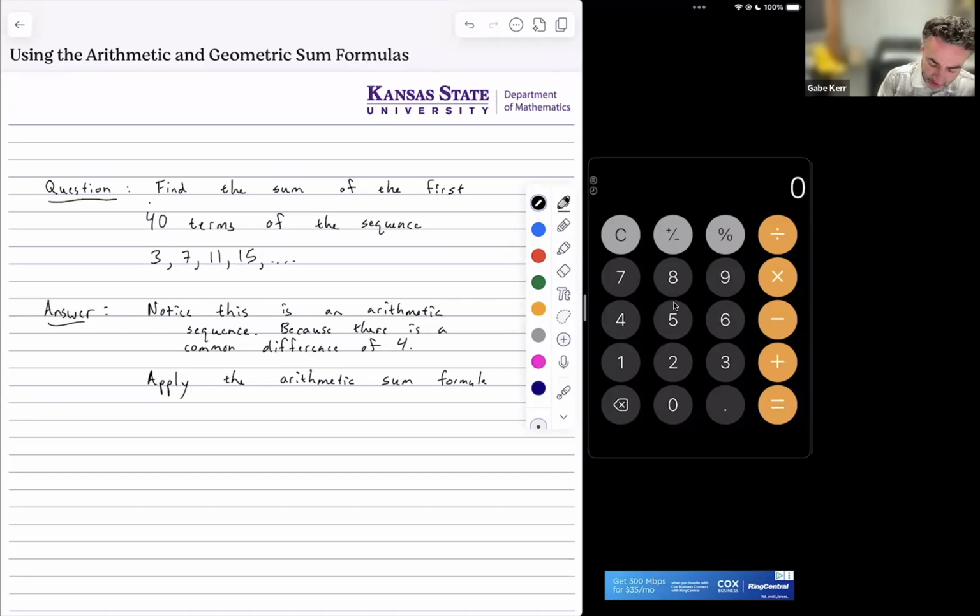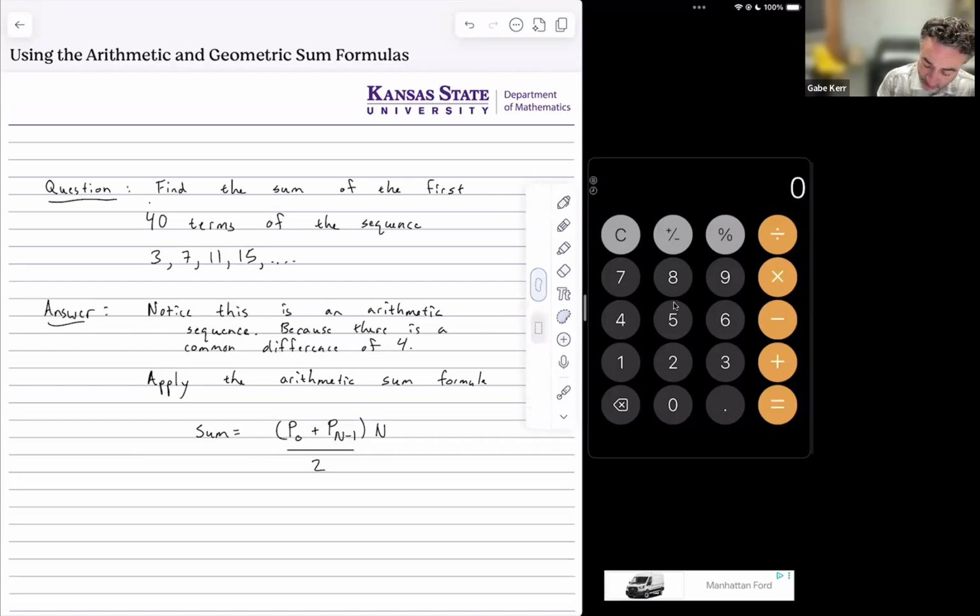Which is going to be that the sum is equal to P naught plus P n minus 1, over 2, and then we multiply this whole number, usually in the numerator, by n. This is just the formula, and I'll explain how we get these terms.